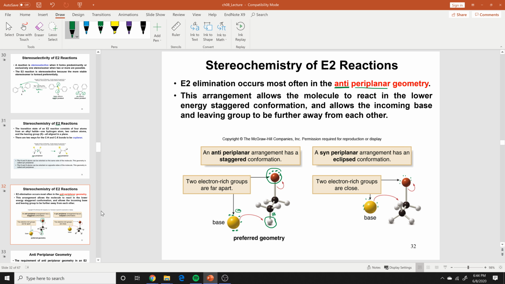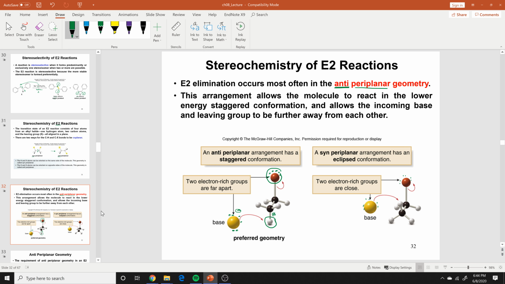So it doesn't make sense that the base comes and attacks the hydrogen that is on the same side as the leaving group. If this is the case, then you would have two electron-rich groups that are very close to each other. The base is an electron-rich group and the leaving group is an electron-rich group. These two will repel each other.